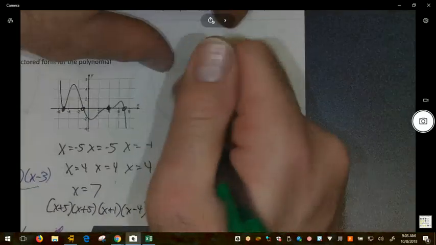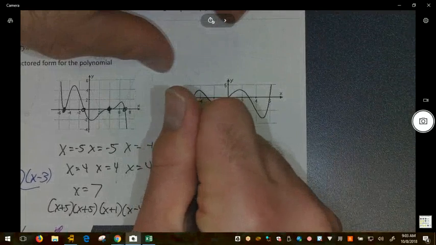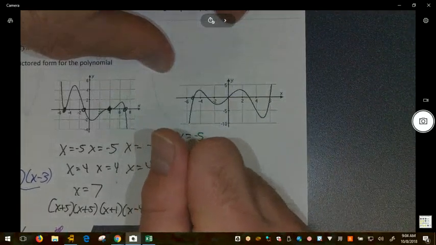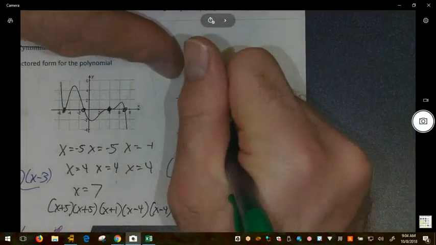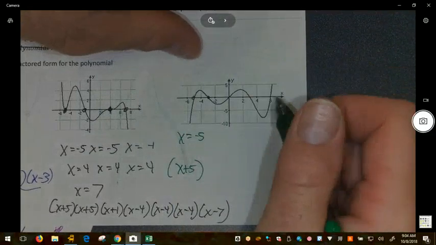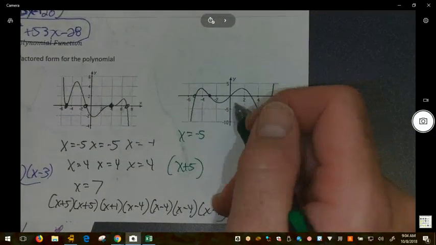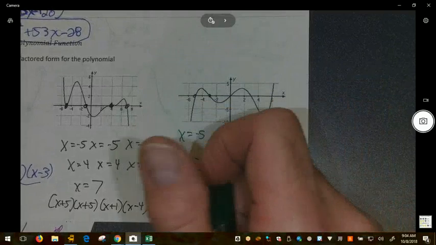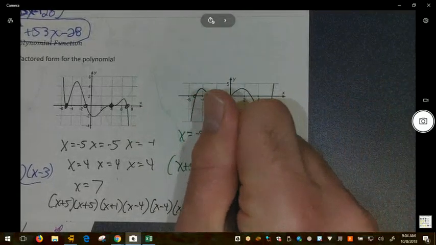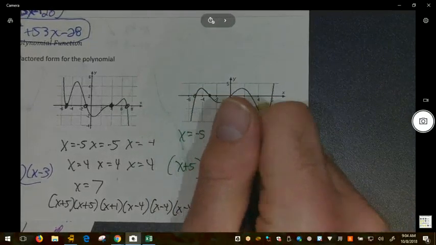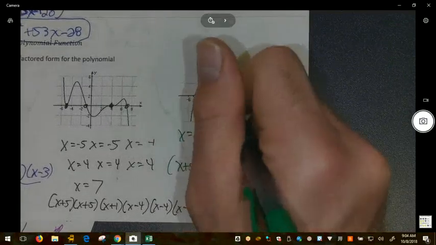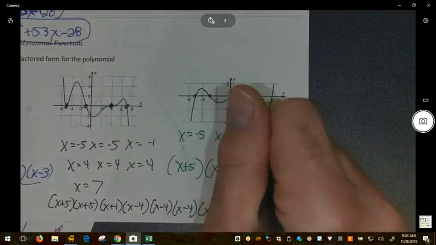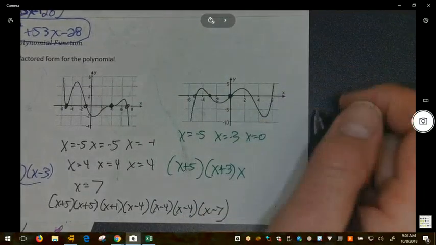And our last example, we have a singleton here at x equals -5. That's going to give us a factor of x plus 5. We have a singleton here at x equals, well, it kind of changes directions, but it doesn't do the little twisty thing necessarily. So we're going to pretend that it doesn't, x equals -3, so x plus 3. Here we have x equals 0, so just x.